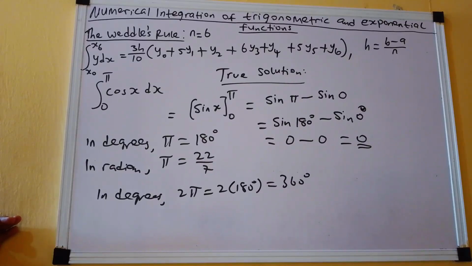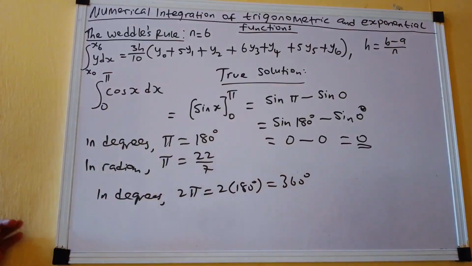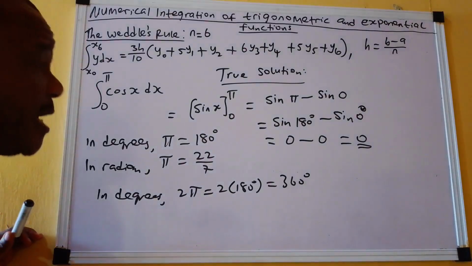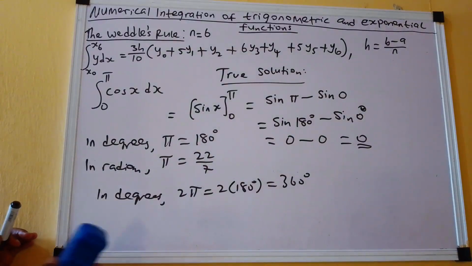The true or theoretical solution to this particular problem, the integral from pi to 0 of cos x dx, is equal to 0. Take note of that answer. We shall be making use of it when we want to calculate our truncation error.